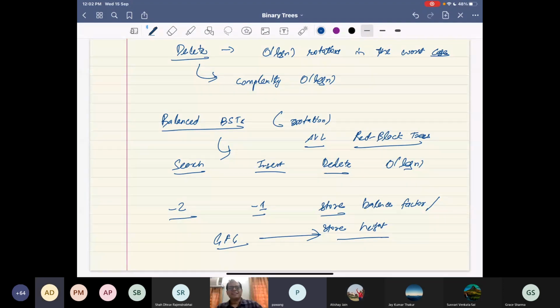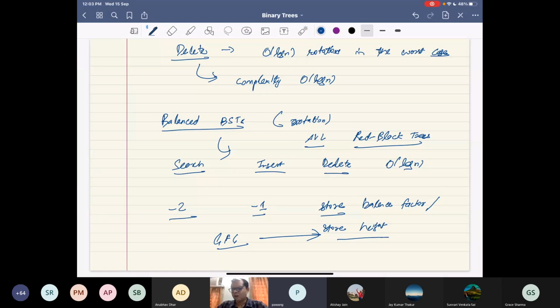Sir, if we store the balance factor, then we do not need to store the height? Yeah, that's a good question. Actually, you don't have to, but it may depend on how much code you will use. Once you understand the theory part, when you implement it, you know that if I do this right rotation, the height is maintained.